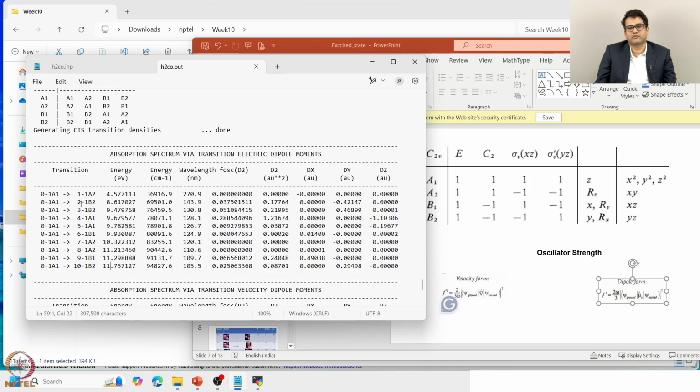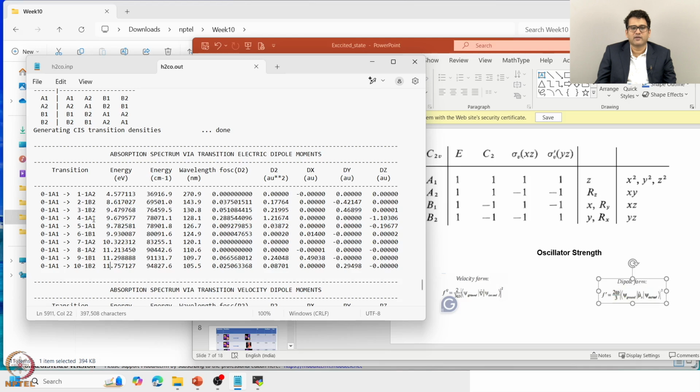Look at the second excited state. The ground state is always 1 A1, the excited state is 1 B2. So, the transition dipole moment will be non-zero for the direction which transforms according to the rep 1 B2. In the case of 2 B2, that is along the y direction.